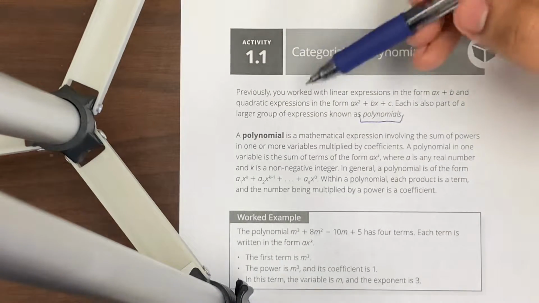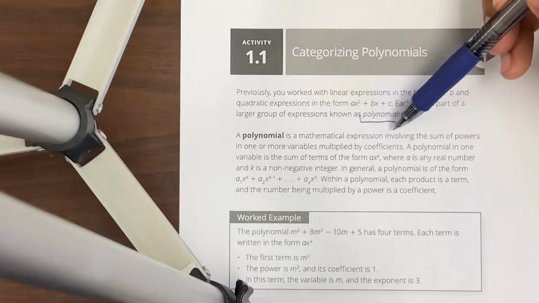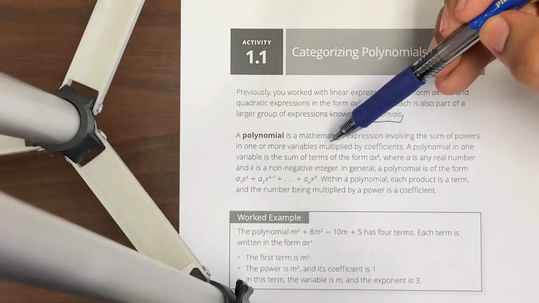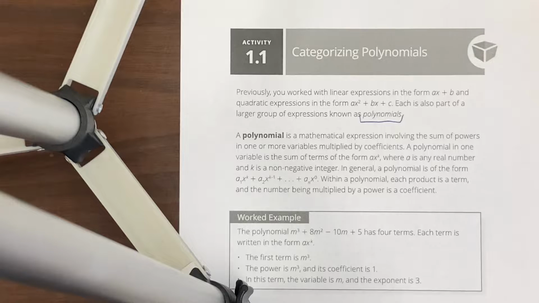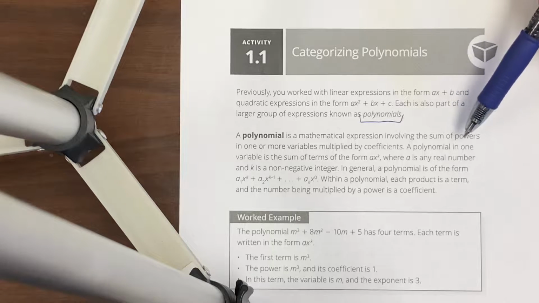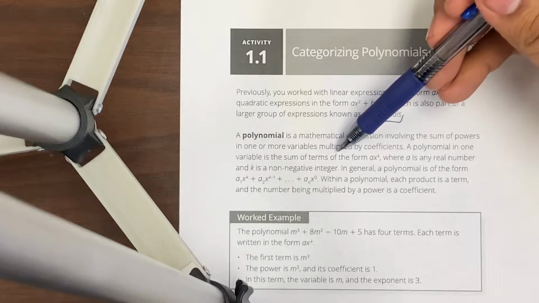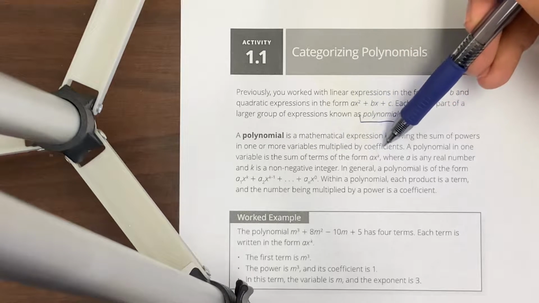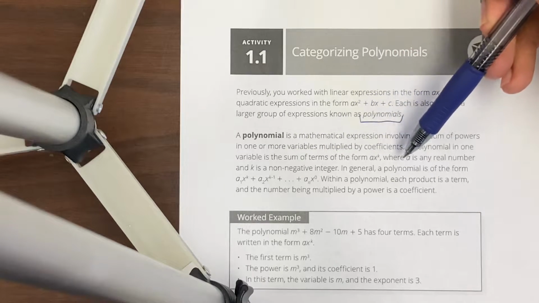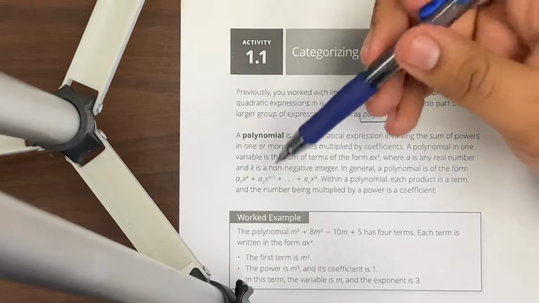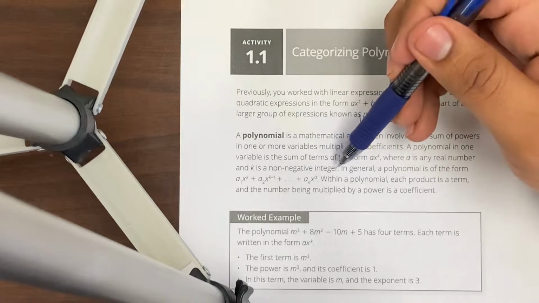A polynomial is a mathematical expression involving the sum of powers in one or more variables multiplied by coefficients. A polynomial in one variable is the sum of terms of the form ax to the power of k, where a is any real number and k is a non-negative integer.